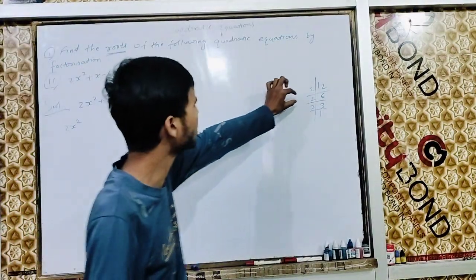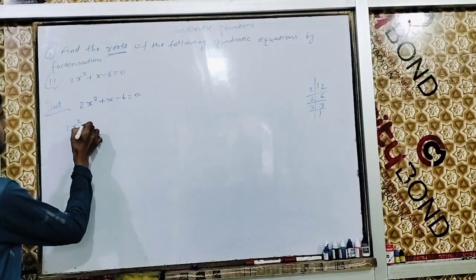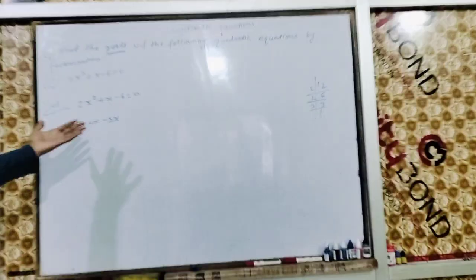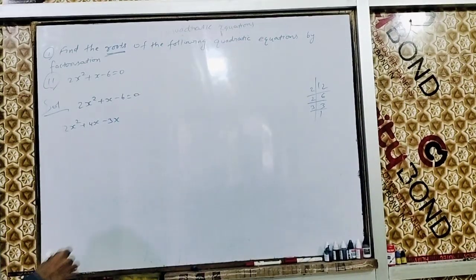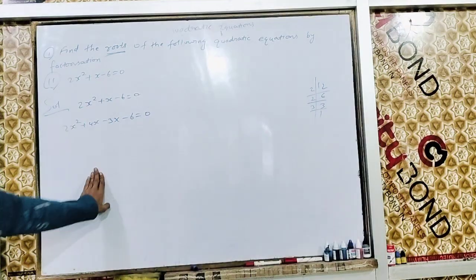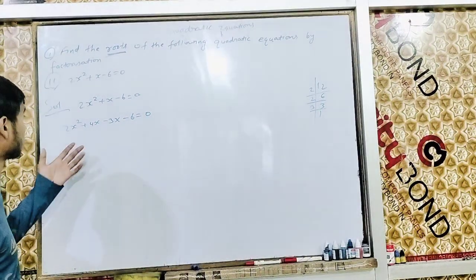Now, if we write 4x minus 3x, of course it will give us plus x. So plus 4x minus 3x gives us plus x. Now minus 6 is equal to 0. Till here this step is correct. Now let's see what should be the next step.